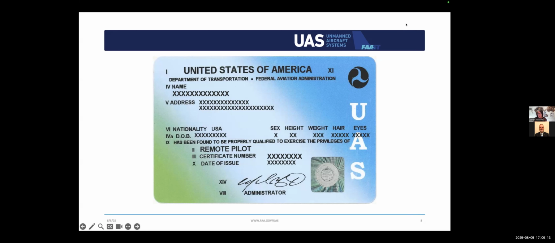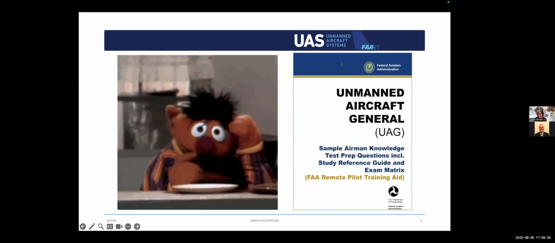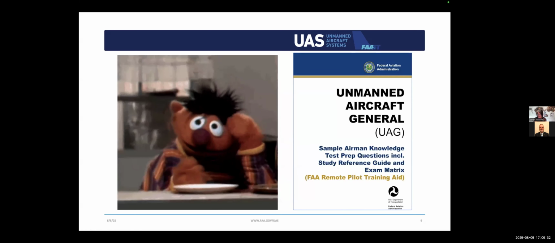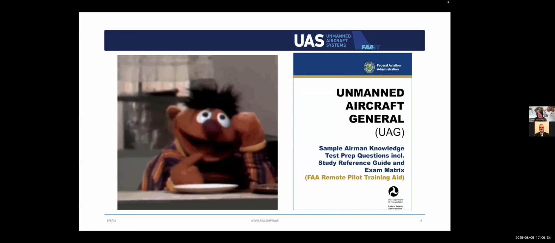Before applying for Part 137, you must hold an FAA Part 107 remote pilot certificate. This certificate demonstrates you understand the regulations, operating requirements, and procedures for safely flying drones. And there you have it. You obtain this certificate in one of 2 ways.